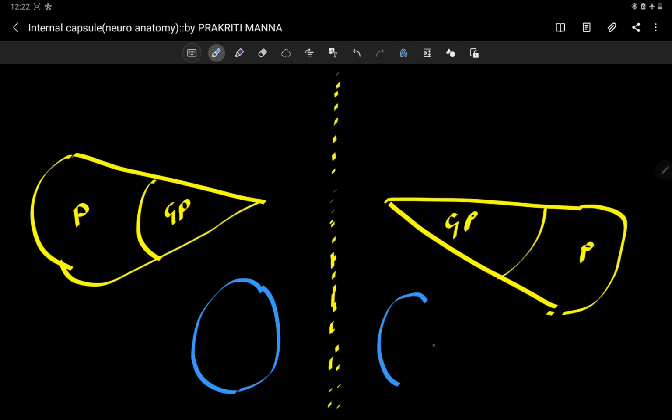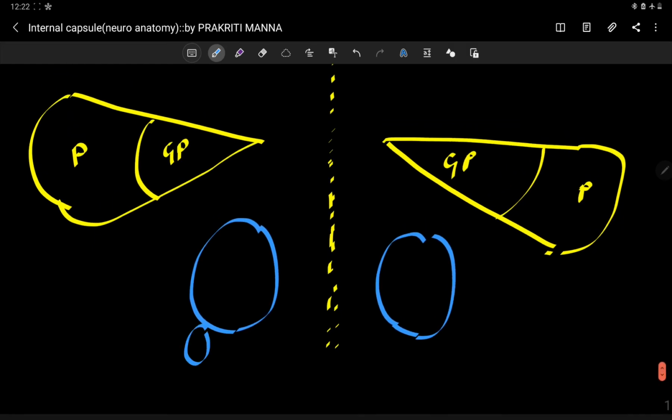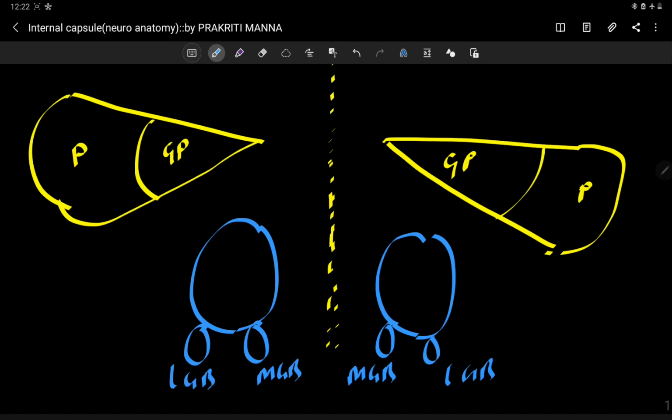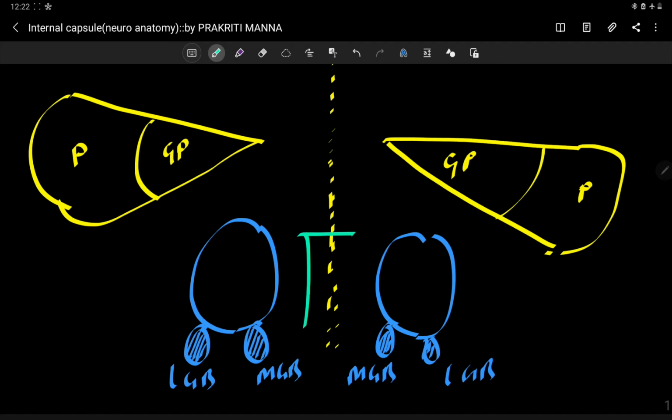And I am drawing now the thalamus. This is the thalamus. And this is your medial geniculate body. This is your lateral geniculate body. And everybody knows that in between the two thalami, there is a slit-like structure.